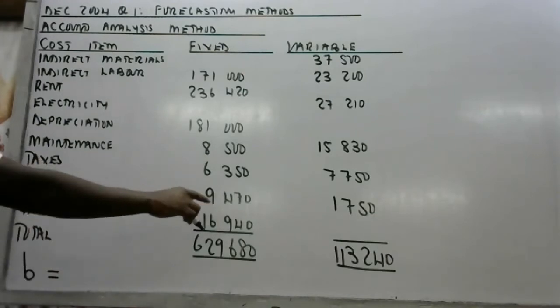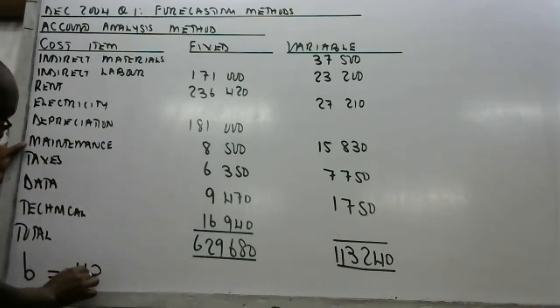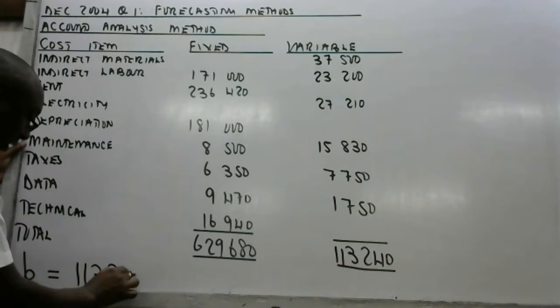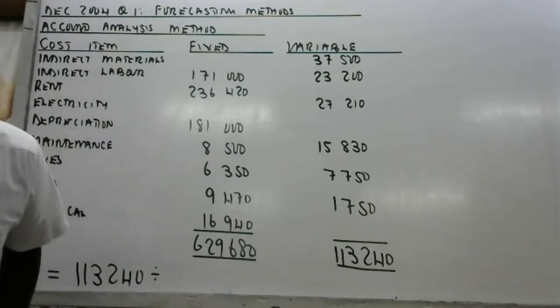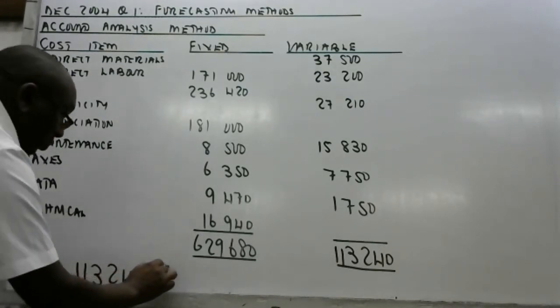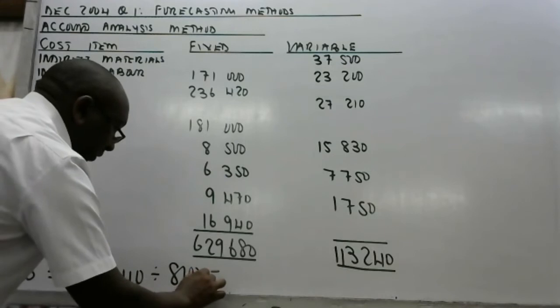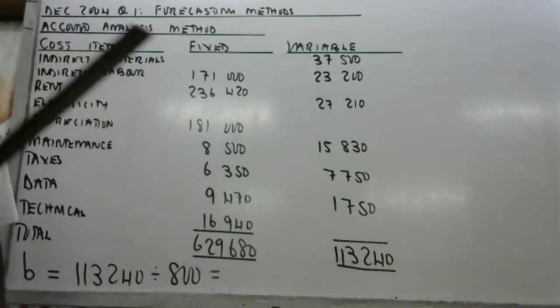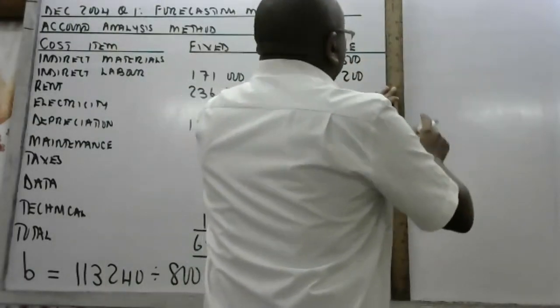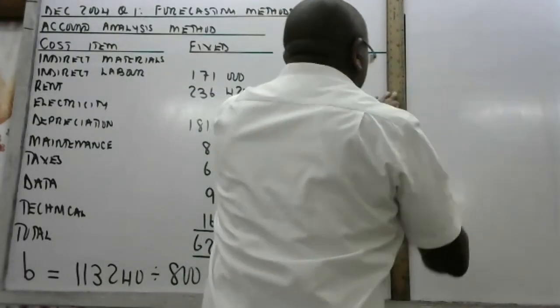So if you are agreeing, the next thing that you do quickly is B. B, you take this variable 113,240. You divide by the question or the data related to 800,000 units. So you divide by 800.